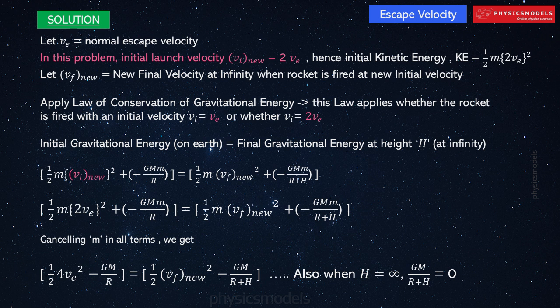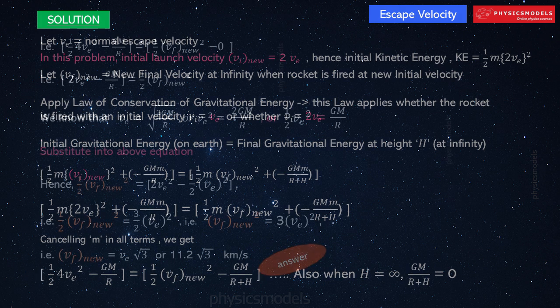In the final case, when it reaches infinity, the final velocity is vf nu and the final height is h, where h is equal to infinity. So the right hand side term minus GMm by r plus h becomes 0.